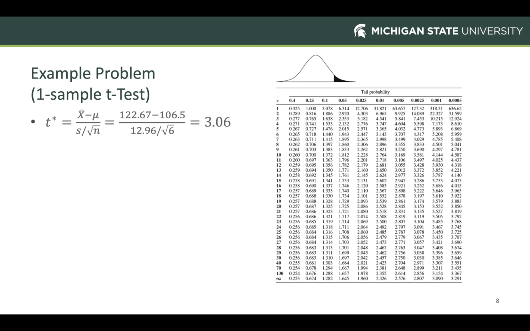And so that's our calculated value. We then need to determine what our critical value is that we're going to compare that test statistic to. And so we're going to denote that critical t value, or t sub c for critical, just as we had done in the case of the z-test.